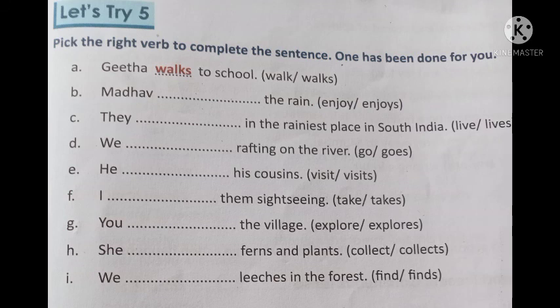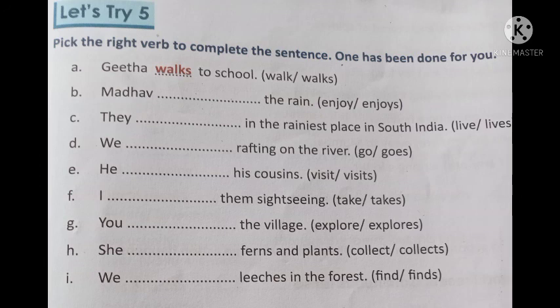So Let's Try 5 is on page number 63, we have to complete this exercise by using the correct verb. So first of all, you have to recognize the subject, then use the correct form of verb.